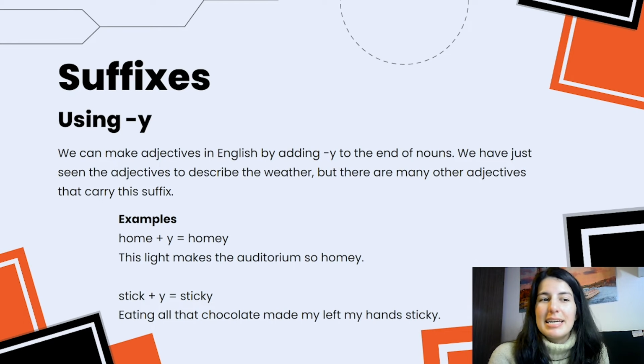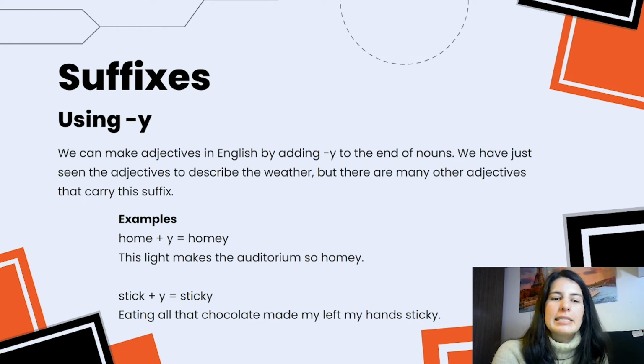And as I was saying, guys, the suffix y, right, can be made by just adding y to the end of a word, and that word is usually a noun. And what happens is we can transform that word into an adjective.